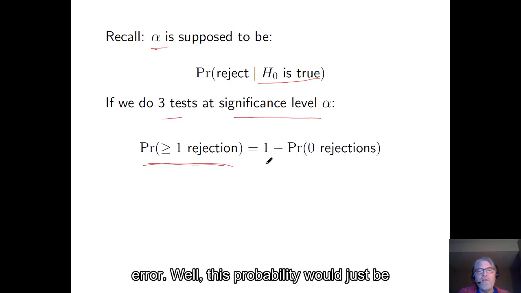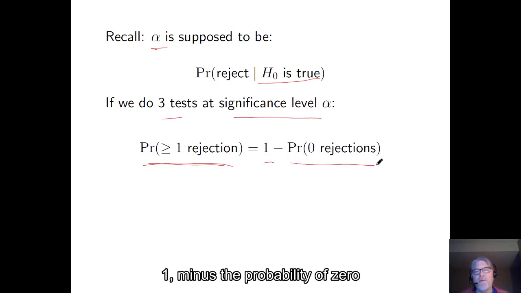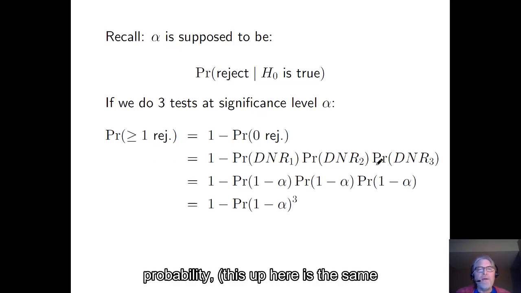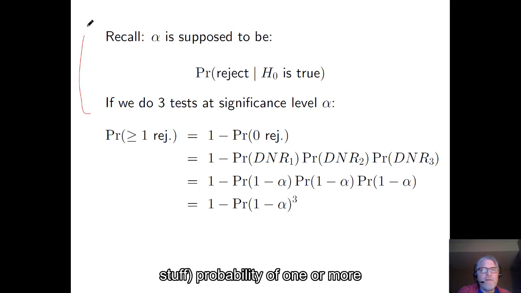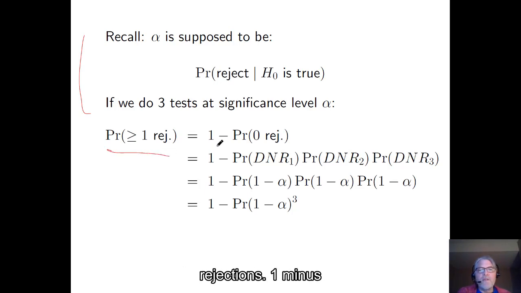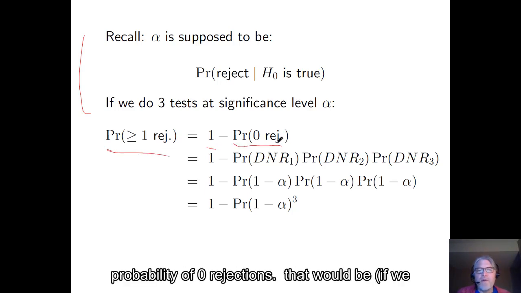Well, this probability would just be 1 minus the probability of zero rejections, right? The probability of one or more rejections is 1 minus the probability of zero rejections.